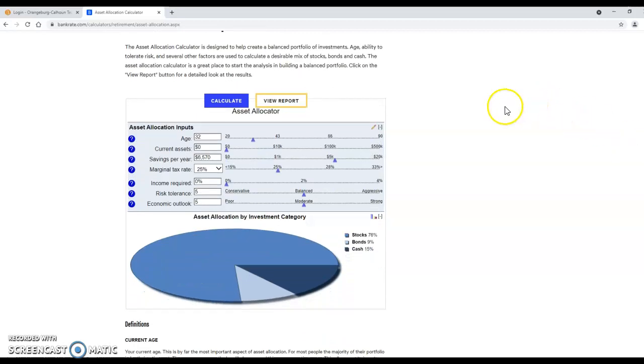Okay, so we go in there and it brings you right up to the actual asset allocation calculator. Here, put in for your project: they're starting out at age 32. They have zero amount in their 401k at that point in time. The savings per year is $65.70. I took their salary times 6%.